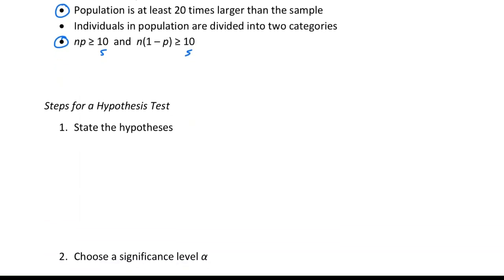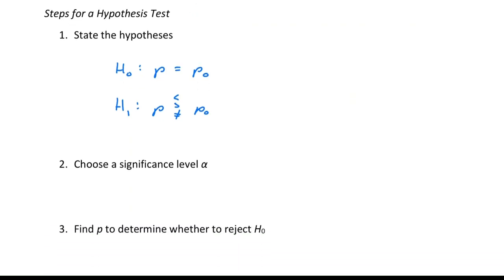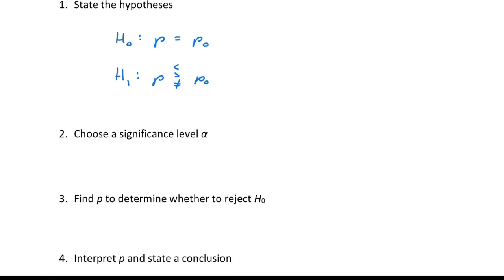Okay, so we state our hypotheses. In this case, because we're using proportions, we're looking at p equal to the initial population value, and then our alternative is that P is either less than, greater than, or just not equal to P0. We choose our alpha value, and that's typically going to be 0.05.